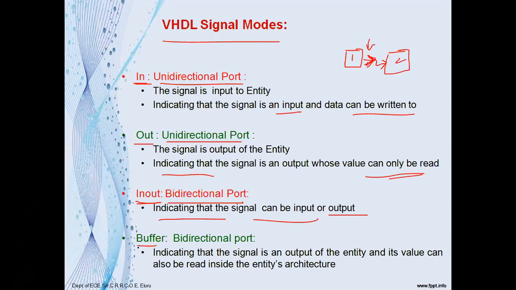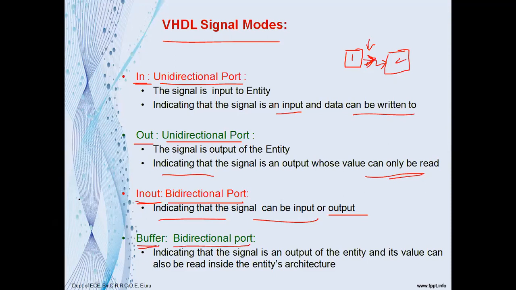And the fourth mode of the signal is buffer. The buffer is also a bidirectional port here. The in-out and buffer, these two are the bidirectional ports only. But what is the difference between the in-out and buffer? Here the in and out is indicating that a signal can be for the input and output, so it can take any of the signal.